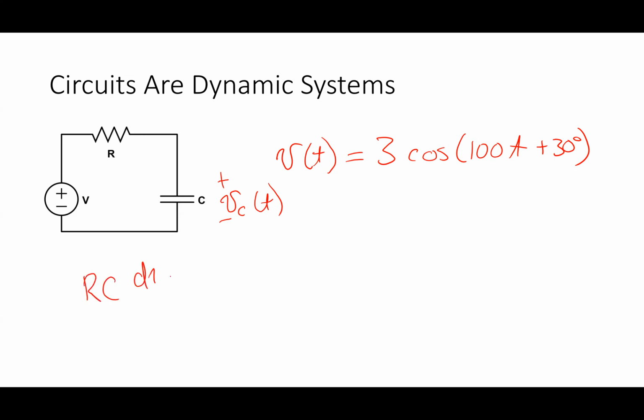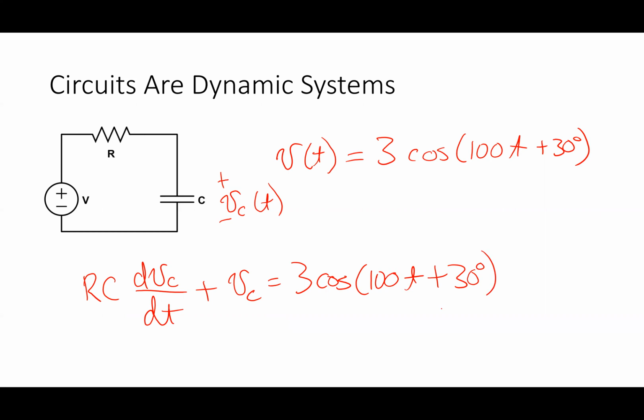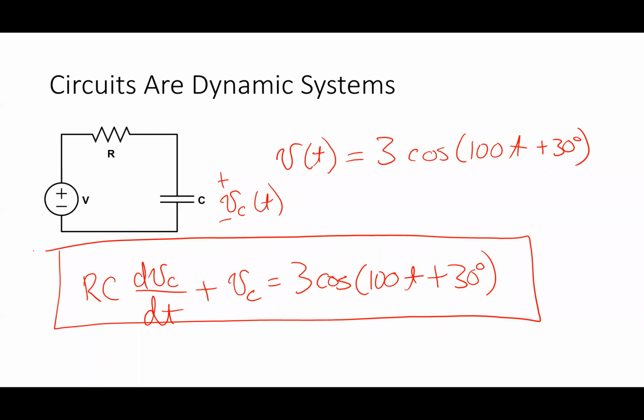RC, here's what I would get if I did this, right? RC dVc/dt plus Vc equals 3 cosine 100t plus 30 degrees. Okay. Now, that's the way you really should solve this. Like, that is just the truth, right? If you want the true total answer to this thing, you have to solve this. All right.